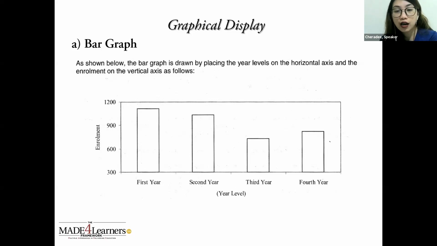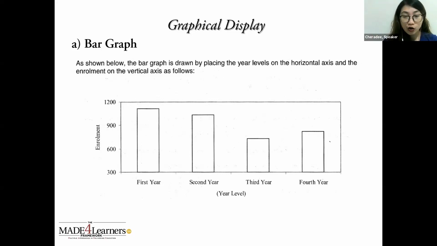And the third year enrollment is the least among the four levels. So the bar graph already has a conclusion for you. So you might have to put a backup textual presentation that third year level is the least among the four levels, or the highest is the first year in terms of enrollment. So that's bar graph, okay?